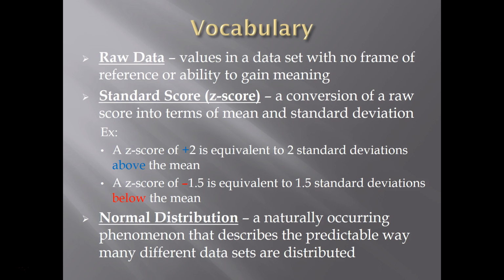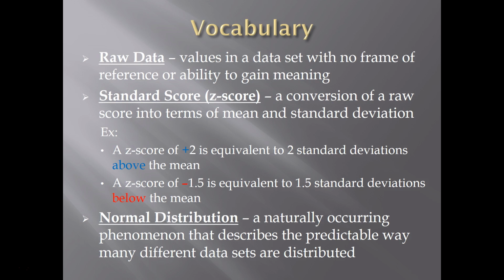All right, and we'll talk about what that means, normally distributed, here in just a second. But essentially what we need to know, at least for this slide, is that normal distribution is kind of the natural way of things, right? It's the natural state of being for data, and the more and more data you collect, the more and more likely it will be to follow a normally distributed pattern.